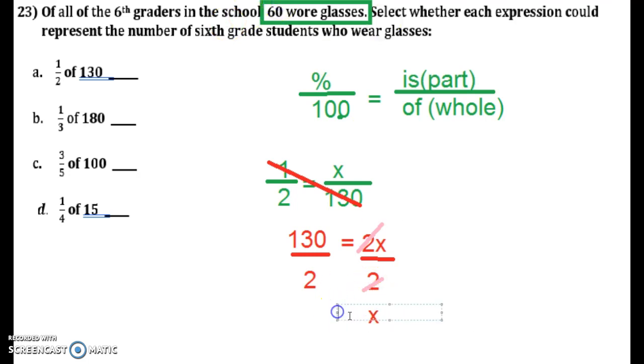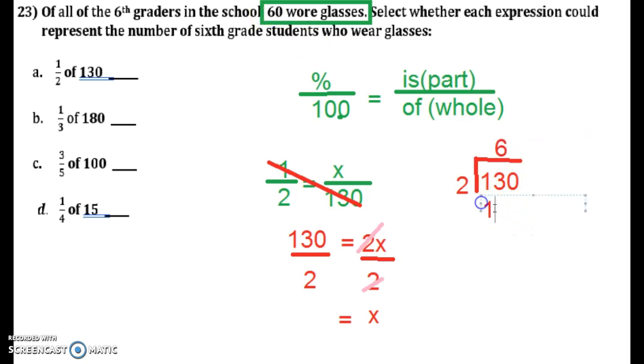Bring them right down. Equals. And then whatever 130 divided by 2 is. I know in my head, but in case you guys don't, I would work it out over here. Two goes into 13 5 times. Just kidding. 6 times. Just testing you guys.